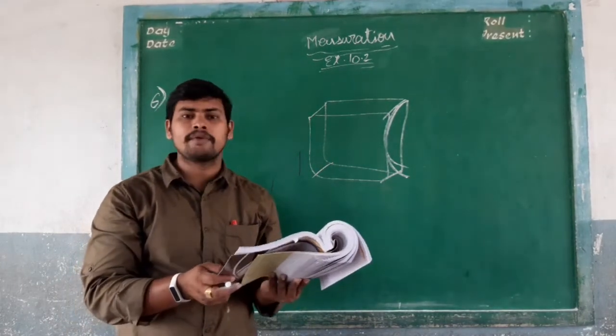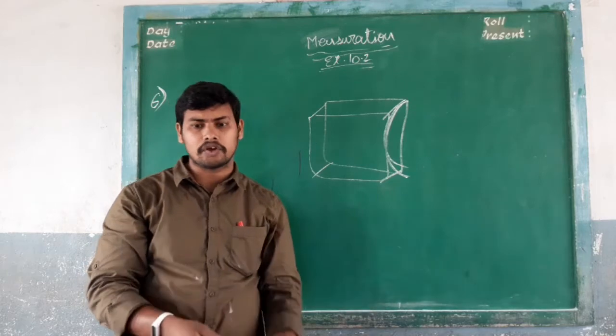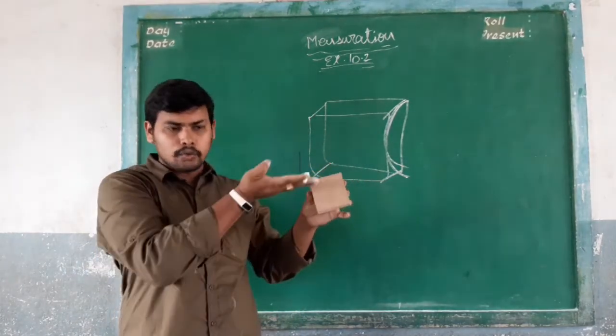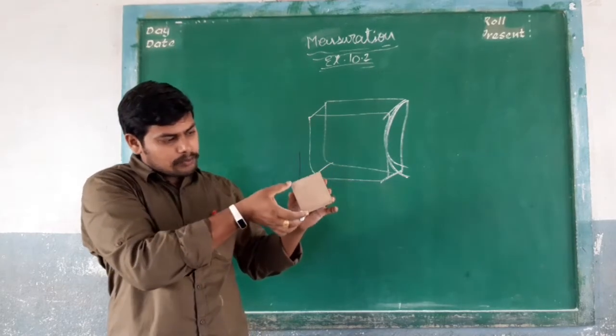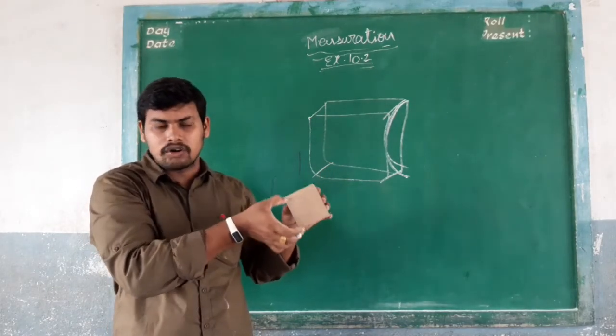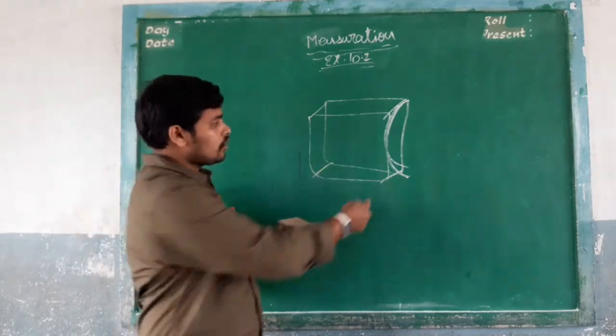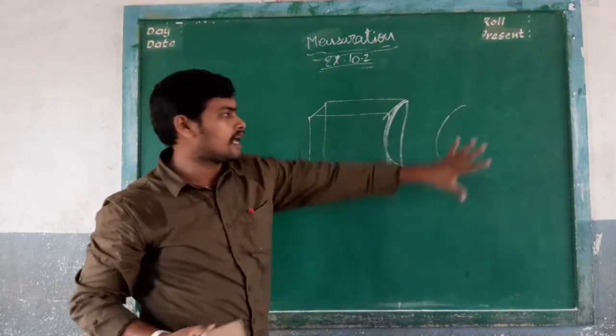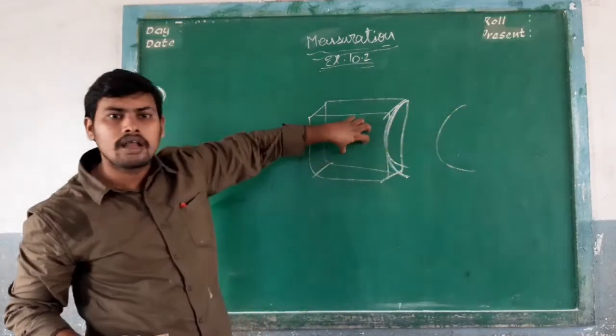The diameter of the hemisphere is equal to the length of the cube. Obviously, whenever you cut like this, you scoop it like this. Here the hemisphere starts from here. From here to here it is the diameter. So this diameter is equal to the length of the cube.